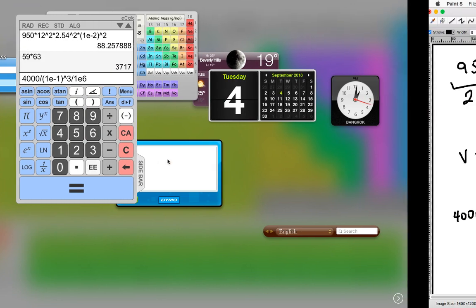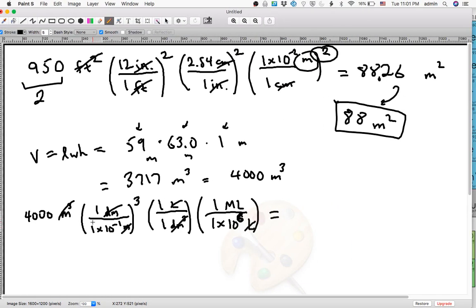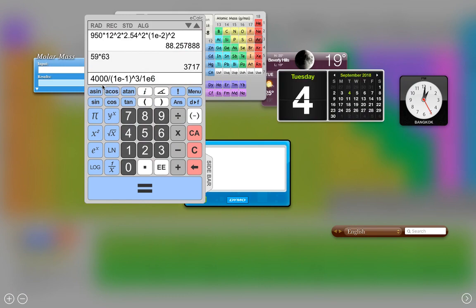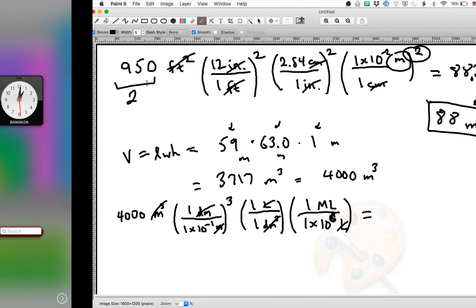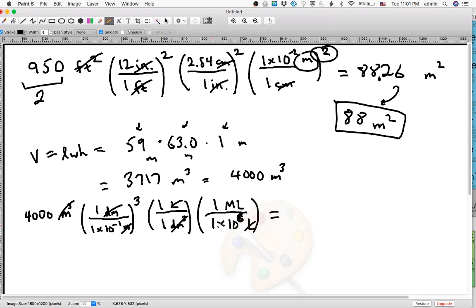Now I want you to notice what I did here. I did the divide sign for this, and I did the divide sign for this. I pressed the divide sign twice. The reason I did that is because everything on the bottom is divided, and everything on top is multiplied. This is the same thing as pressing the times sign more than once. So 4,000 times 1 times 1 times 1.